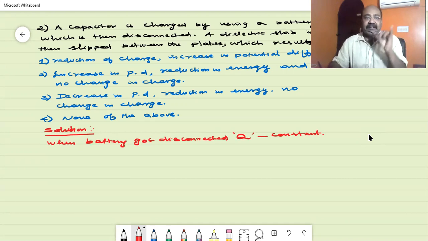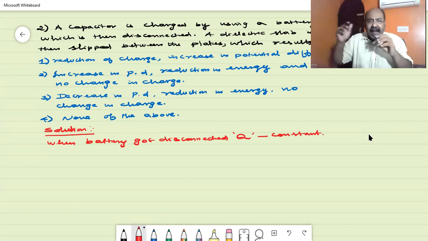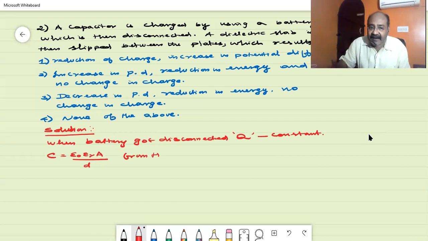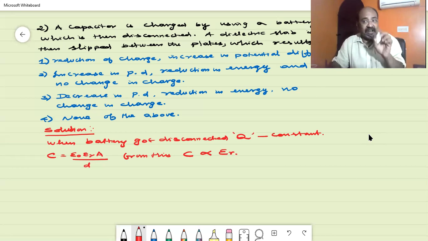The second thing: after that, a dielectric slab is introduced between the plates. We know the capacitance C is equal to epsilon 0 into epsilon r into A divided by D. From this, we can say that the capacitance C is directly proportional to epsilon r, that is the dielectric constant.